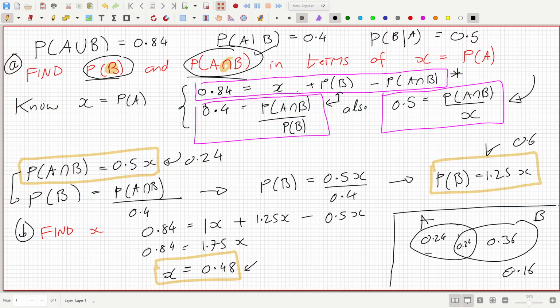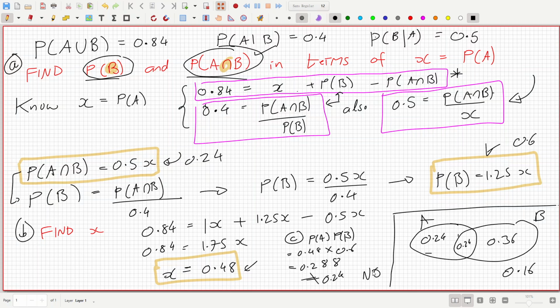So finally, are A and B independent? Let's check that out. Probability A times probability of B, that would be 0.48 times 0.6, which is 0.288, which is not equal to A and B, the intersection.